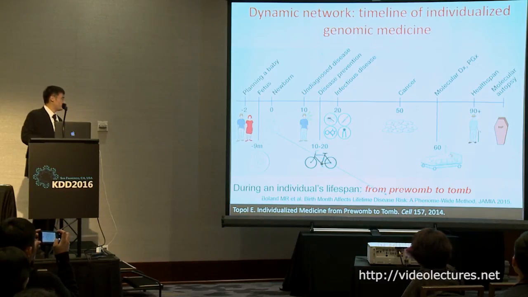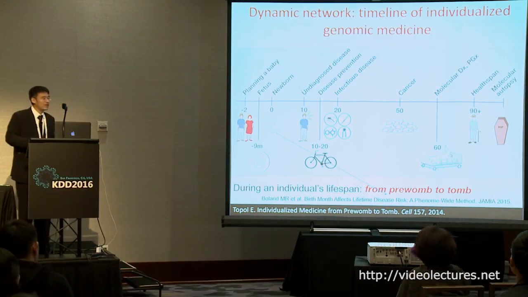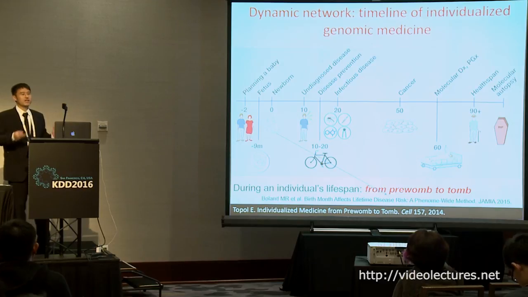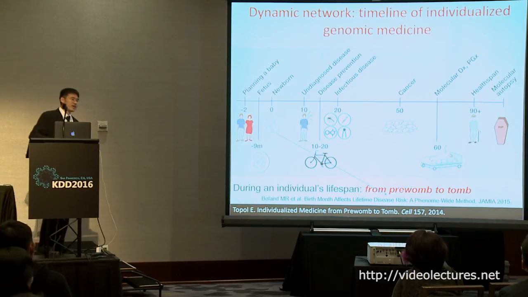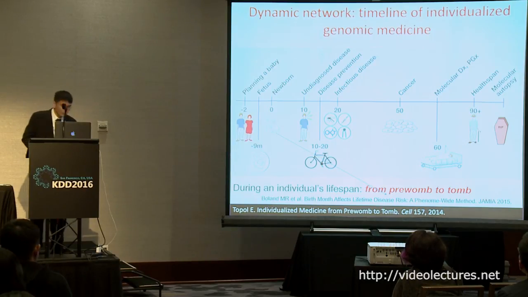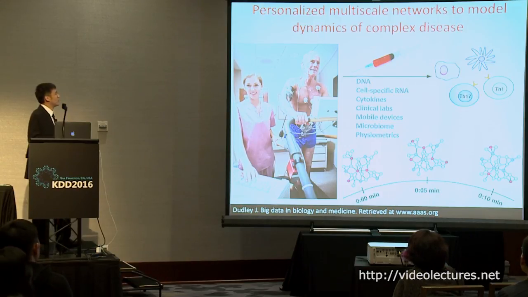So I agree with the author that during the individual's lifespan, from womb to tomb, they have a lot of data, and the network changes. It's a dynamic network, and the metrics will change over time. The second thing we should consider is a personalized multi-scale network.